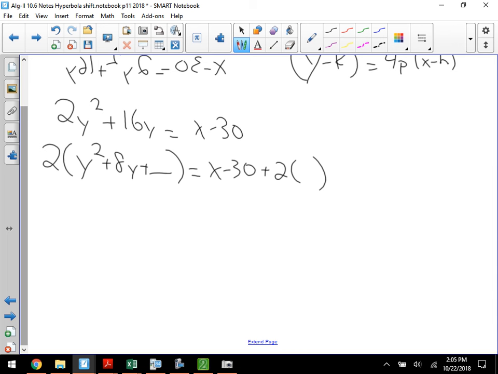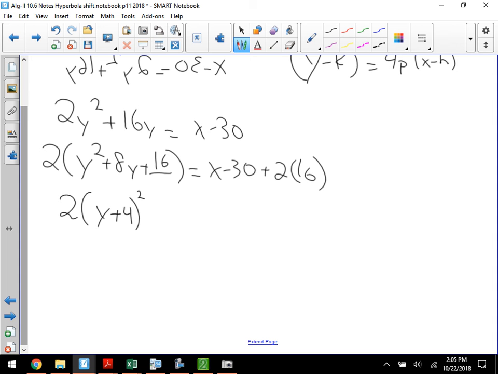It was at the top, yes, and then I added to the other side to make it positive, and that's why I also added the 16 to make that positive. Just doing a quick little addition stuff. What's half of 8? 4. So I get 2 times the quantity y plus 4. When I square it, what do I get? Be okay with that? Okay.